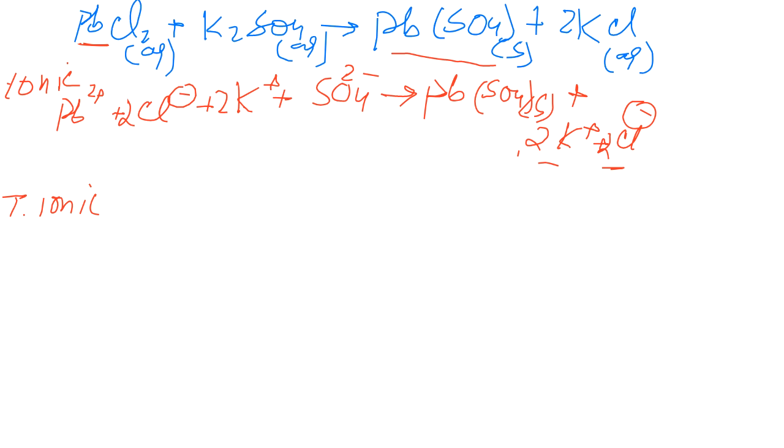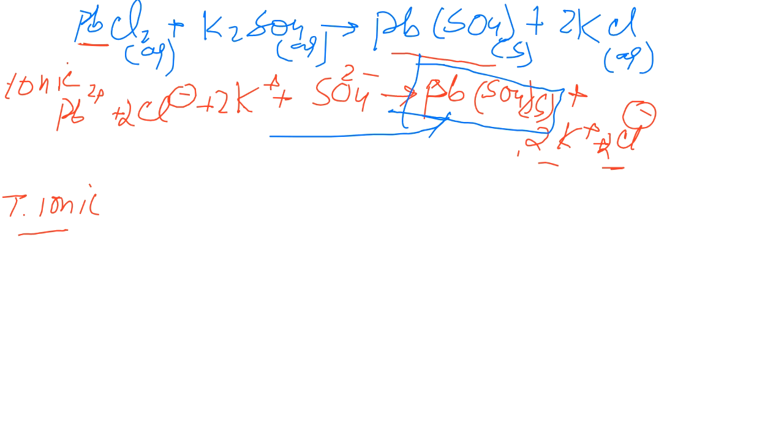Net ionic: the ions which are responsible for giving the pure product compound, this one. So which ions are present in this compound? Tell me now. We have iron phosphate. There is no iron here.